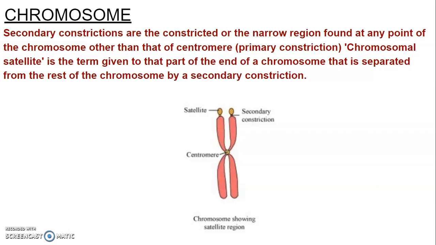A narrow region or a constriction at any point on the chromosome other than the centromere is the secondary constriction. Now, when the secondary constriction is over here, a part you can see is called the satellite or chromosomal satellite. It is the part of the chromosome which is separated by the secondary constriction.